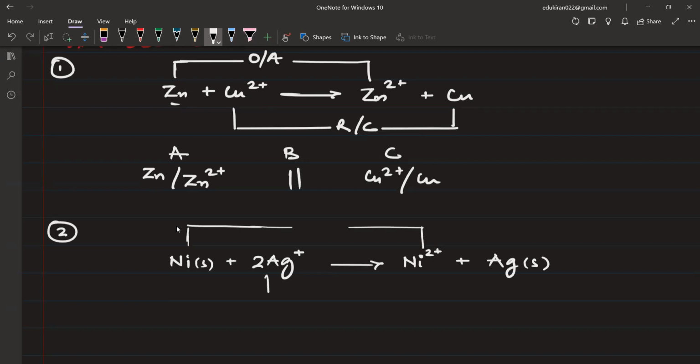So what is happening here to nickel and what is happening to Ag? Those are the important things that you have to recognize.